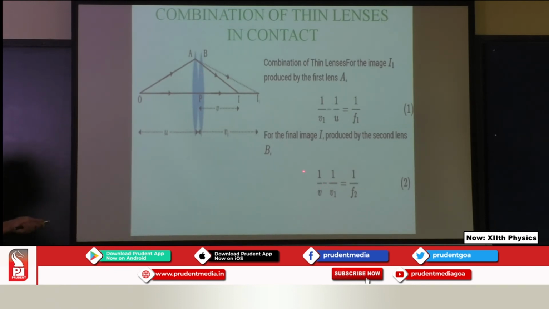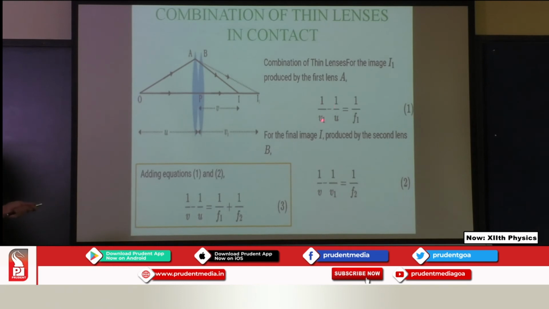What we get is 1 upon V, that is the image, minus 1 by V1, because that was the object for the second lens, equals 1 by F2. Now, let us add equation 1 and equation 2. What do we see? I can cancel out minus 1 upon V1 with 1 upon V1. So, what remains is 1 by V minus 1 by U equals, adding the other side, 1 upon F1 plus 1 upon F2.